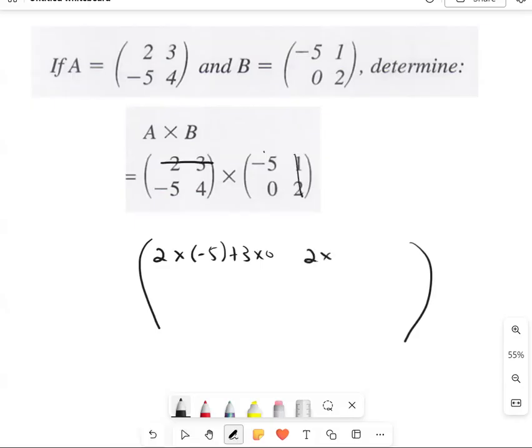So 2 multiplied by 1 plus 3 multiplied by 2. That's this by this. Now we're going with second row by first column, right? -5 by -5 plus 4 by 0. So that's this row by this column will give you this.